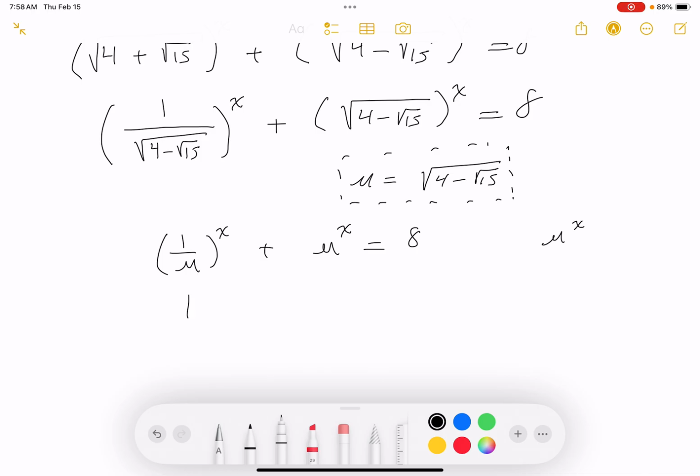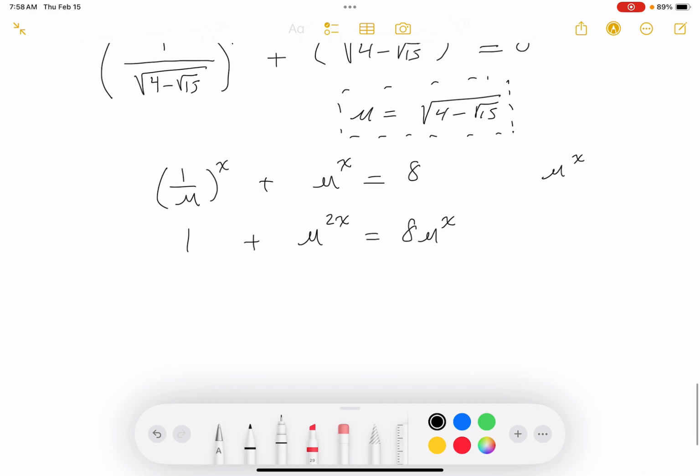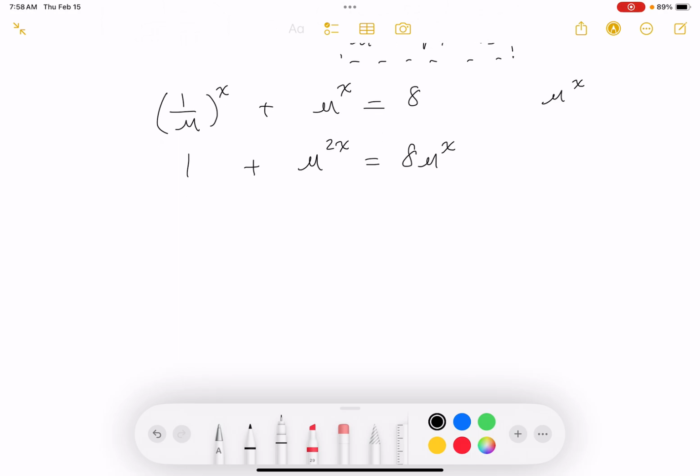And you would get 1 plus u to the 2x equals 8u to the x. This is starting to look quadratic, or more familiar in form to me. Let me write this over here. So u to the 2x minus 8u to the x plus 1 is equal to 0.